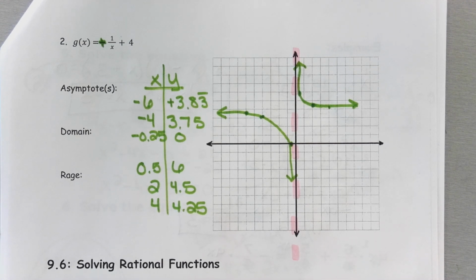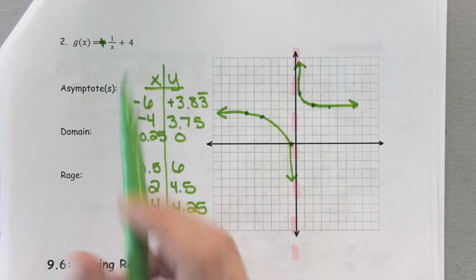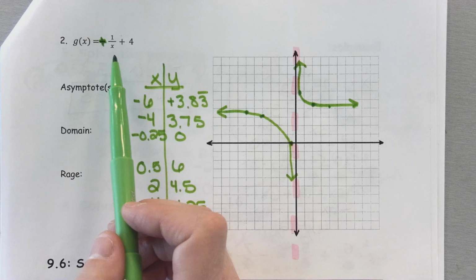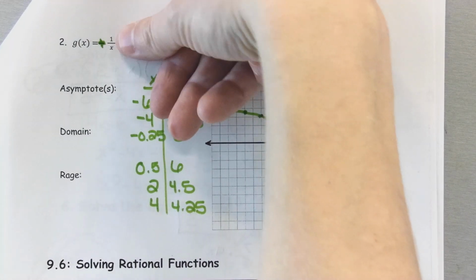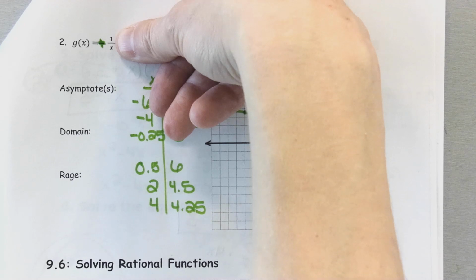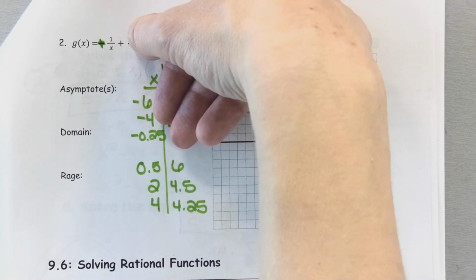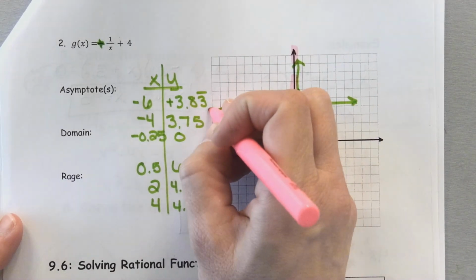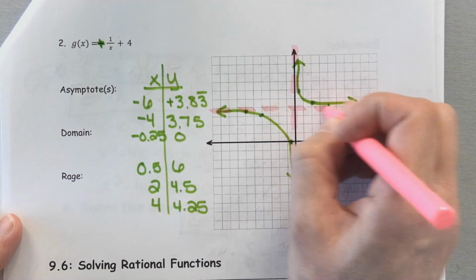All right, so for this one, my horizontal asymptote normally lives for this situation at 0, right? So ignore this part for a minute. If you had 1 over x, it lives at 0, yes? Okay. But if I shift my graph up 4, now where does my horizontal asymptote live? 4. And if you look at your points, does your graph ever touch or cross 4?